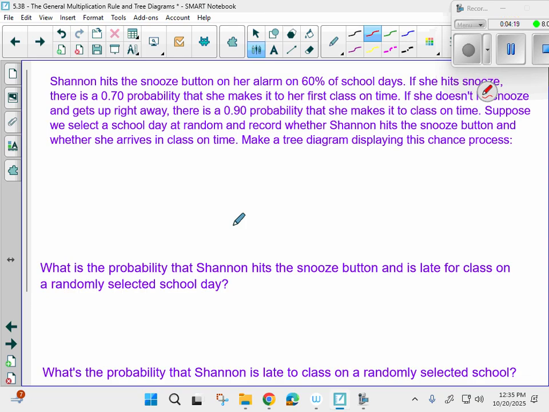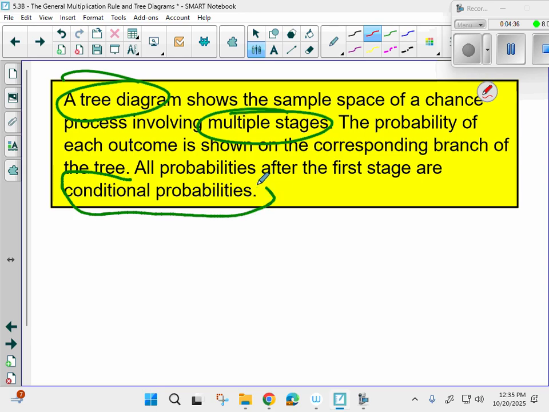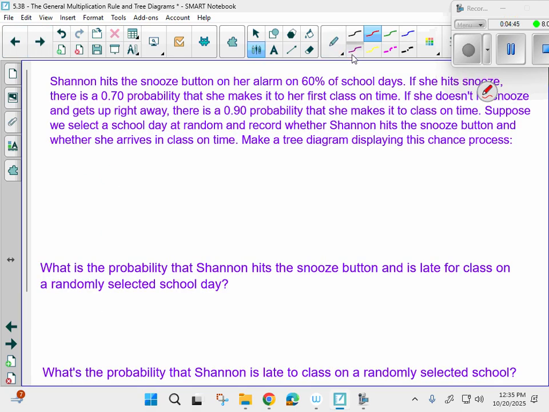All right, so a tree diagram is used when you have conditional probabilities. This is just showing when there are multiple stages. And basically, you can only use tree diagrams with conditional probabilities, okay? These are conditional because, first of all, she either hits the snooze button or she doesn't.